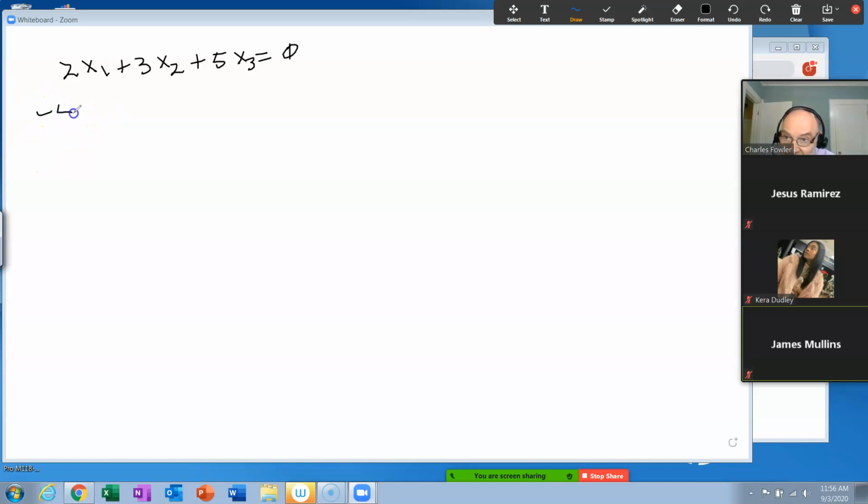Next one, minus 5x sub 1 plus 6x sub 2 minus 17x sub 3 is equal to 0. The third equation, 7x sub 1 minus 4x sub 2 plus 3x sub 3 is equal to 0.